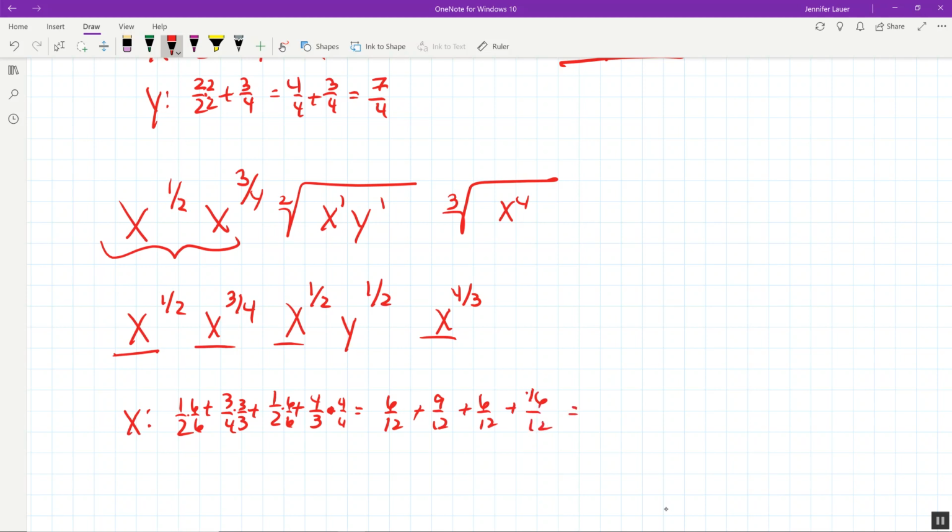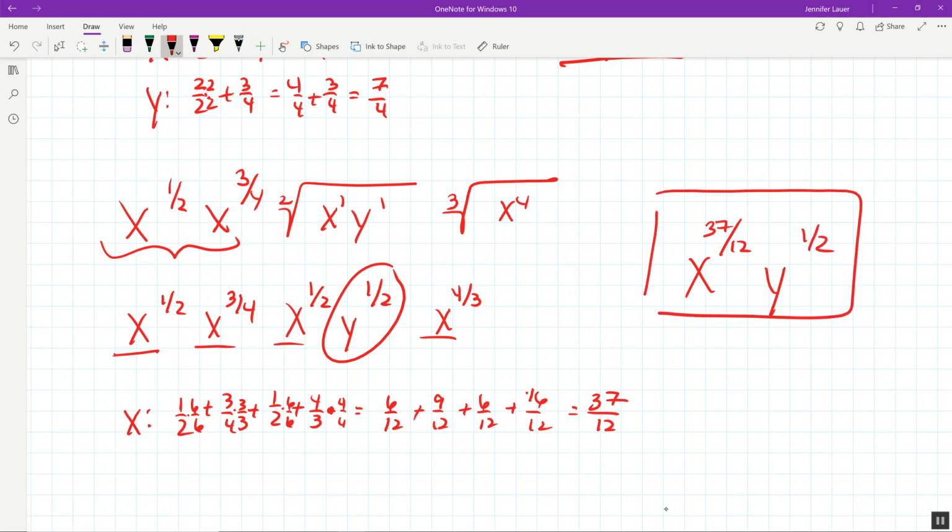If I add these up, 6 plus 9 is 15, plus 6 more is 21, plus 16 more is 37/12. So my exponent for x is, believe it or not, 37/12. Now I really don't have to add y to anything. I can just bring it over, and there is your answer.